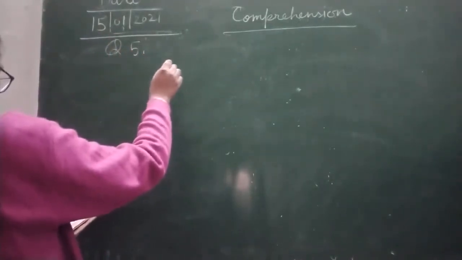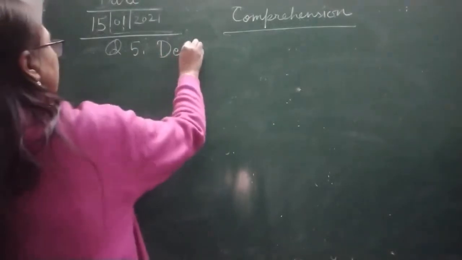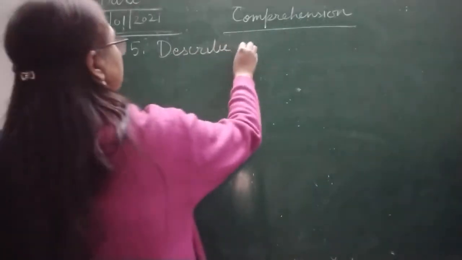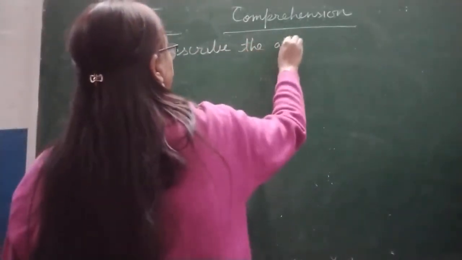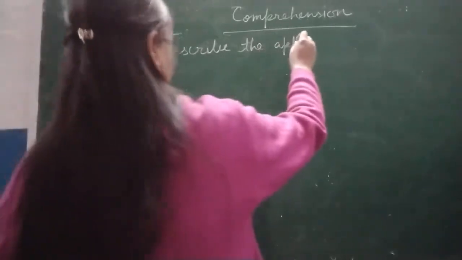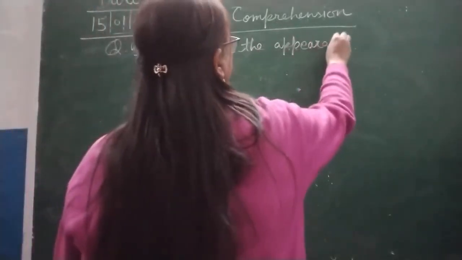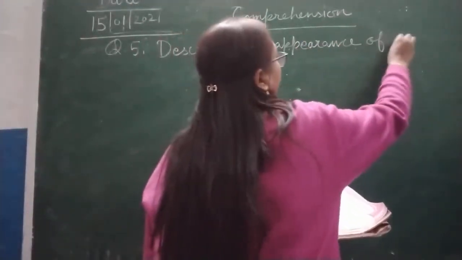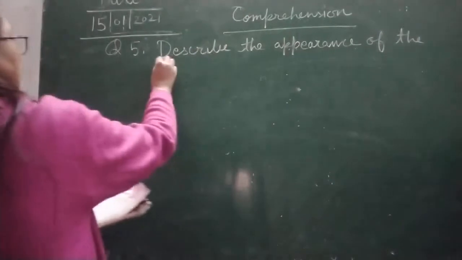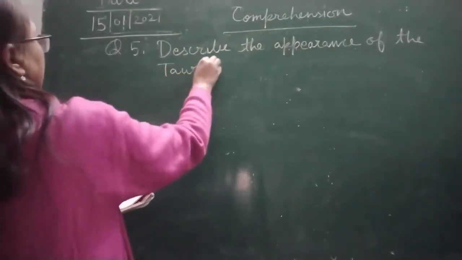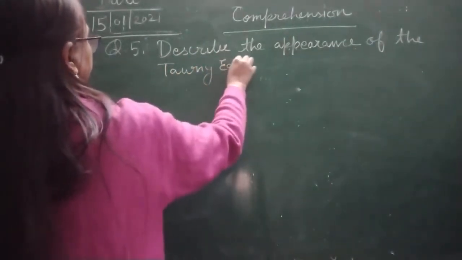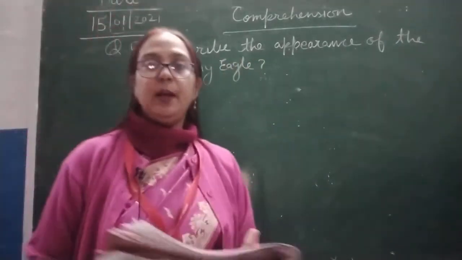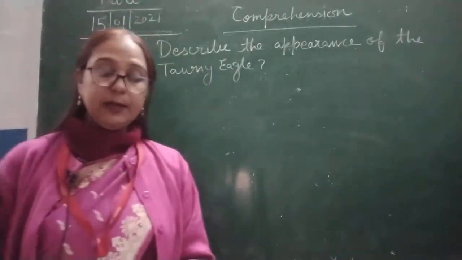Question number 5 is: describe the appearance of the tawny eagle. As we have discussed in this paragraph, eagles are birds of prey.